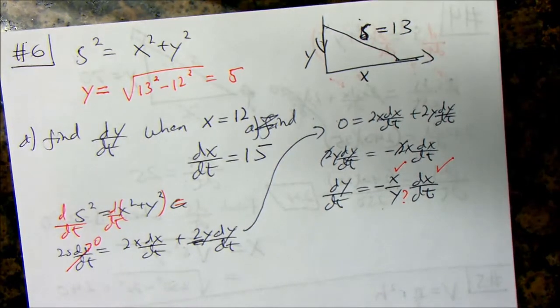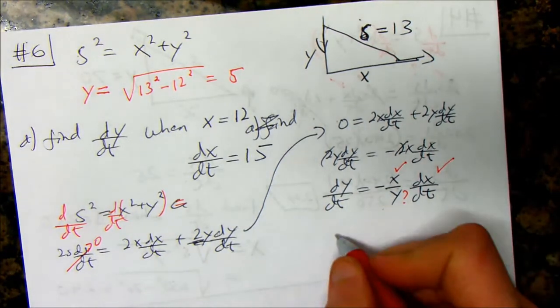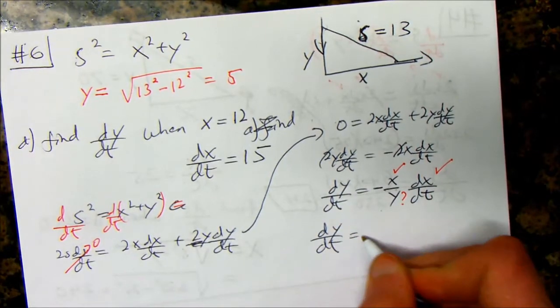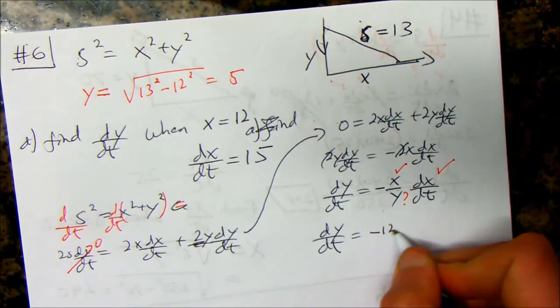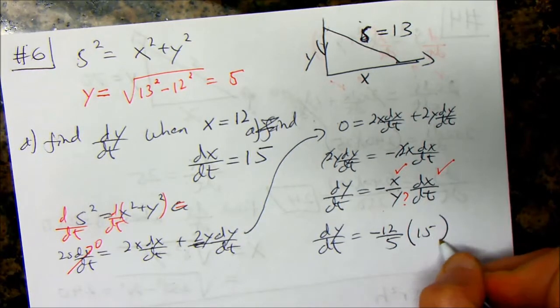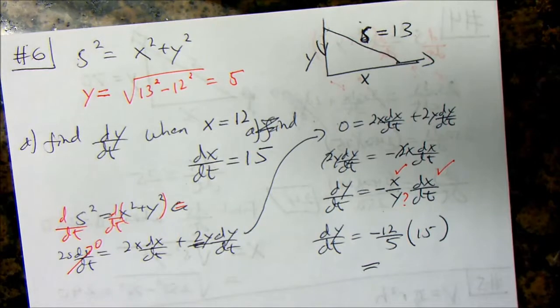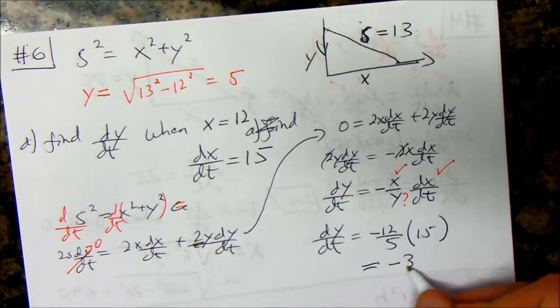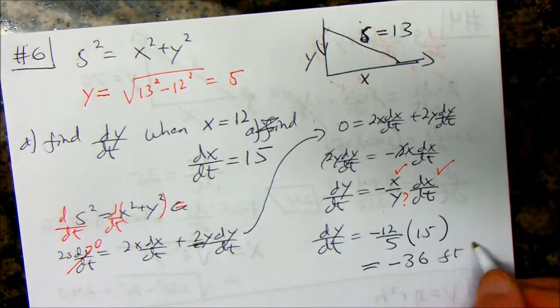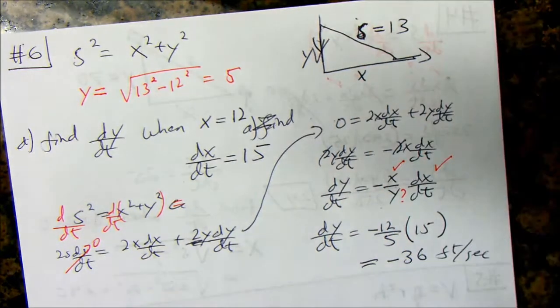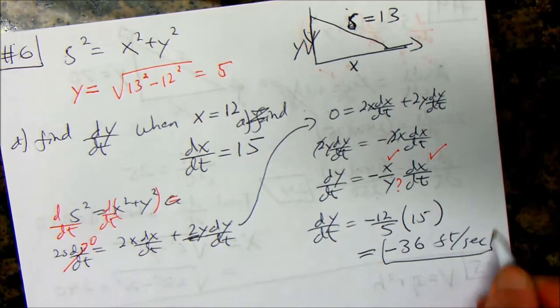So now I know what that is. So dy dt is equal to negative 12 over 5 times 15. So I end up getting negative 36 feet per second, which makes sense because it's going down. Okay, so negative 36, that's part A.